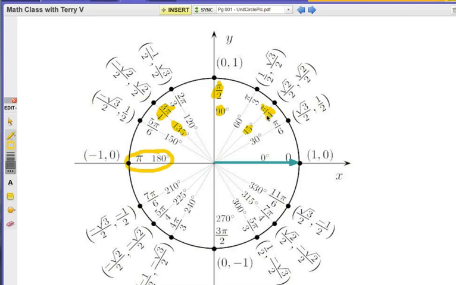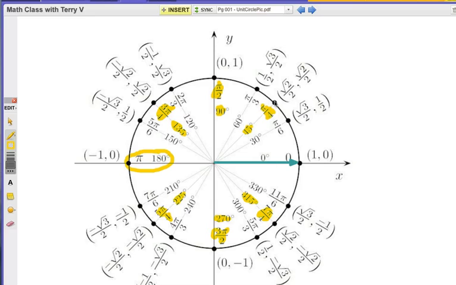So 1/4 pi, 2/4 pi, 3/4 pi. Notice how we can simplify there. Then we go down to 5/4 pi, which is 225 degrees. We're going 45 degrees every time. Then 270 is 3 pi over 2. And then, of course, we have 7/4 pi, which is 315 degrees. And then all the way around.